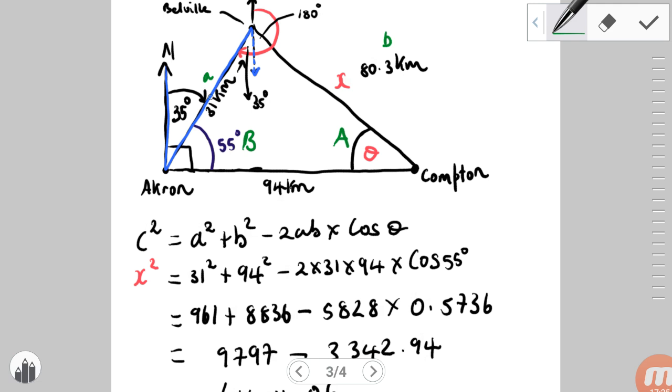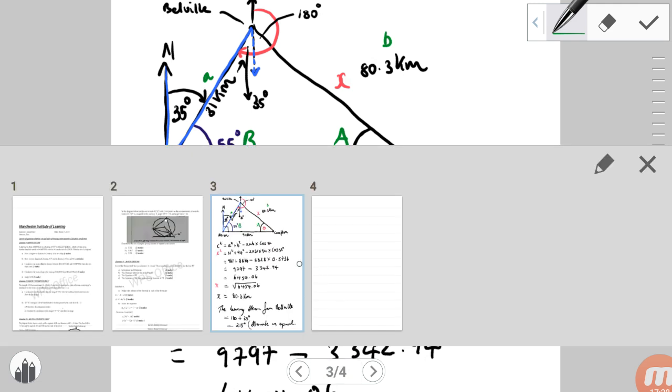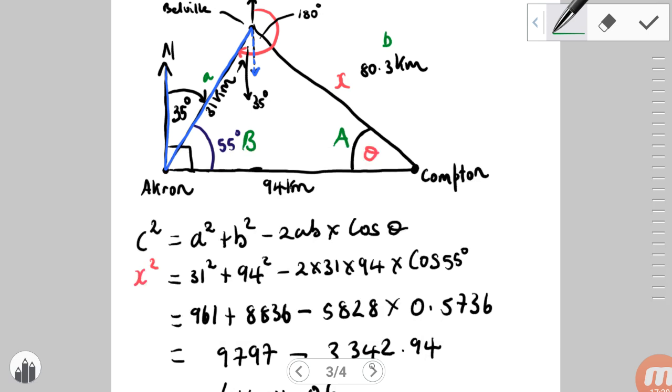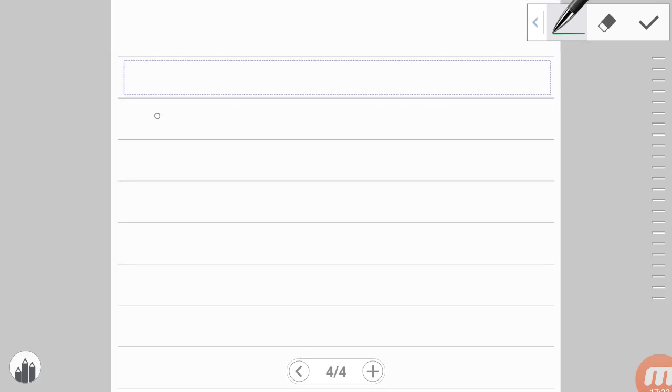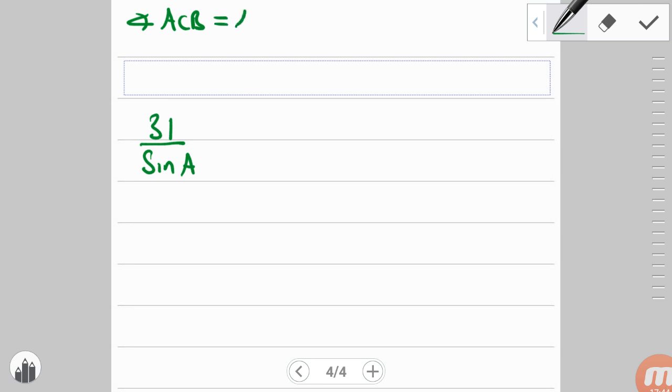We can set that up. So it's going to be 31 divided by the sine of the unknown angle, which in this case is A, or we can say that it's the angle ACB, which is equal to A. So 31 divided by the sine of A is equal to b, which is 80.3, divided by the sine of the angle in front of it, which is 55 degrees.